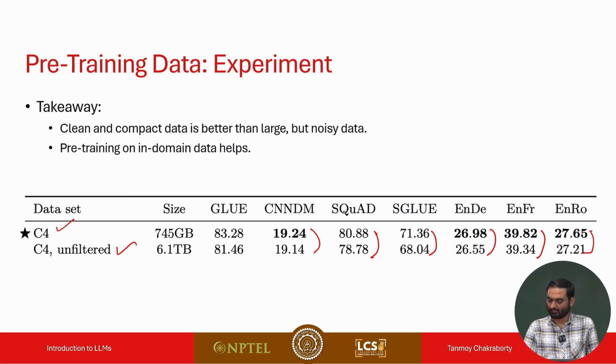Sometimes comparable, sometimes not comparable. As you see here, accuracy improves by 2%, 3% if you clean this. So cleaning is important, compact data is important, and pre-training on the in-domain data is always helpful.